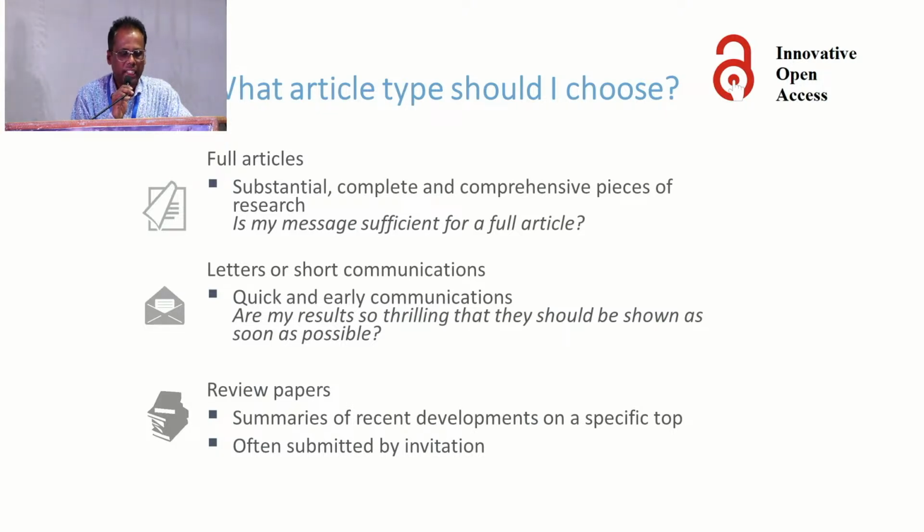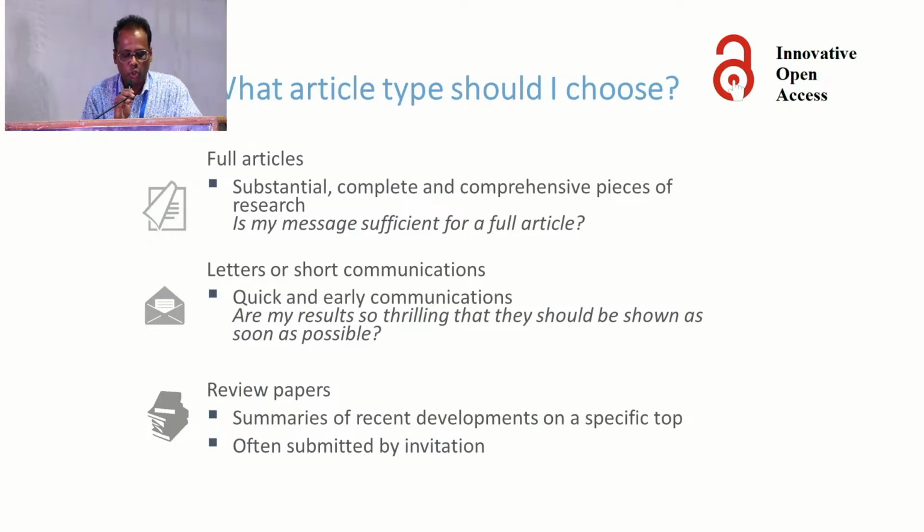What types of articles should we choose? When we plan for the publication of manuscripts, we need to plan what kind of manuscript it is, like full articles, a substantial, complete and comprehensive piece of research.